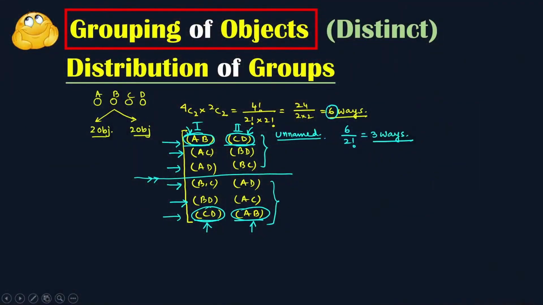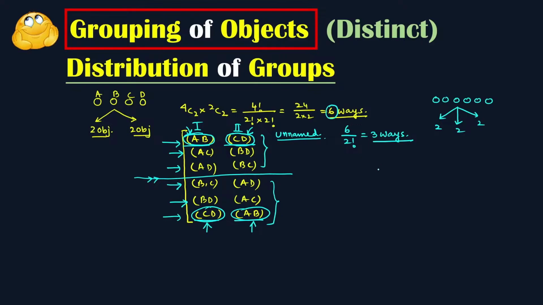Now the question can come, sir, suppose there would have been three groups, suppose we have 6 objects here, and I ask you to form 3 groups which will contain 2 objects each. So in that case, will I divide by factorial 2? No. In that case, you have to divide it by factorial 3.